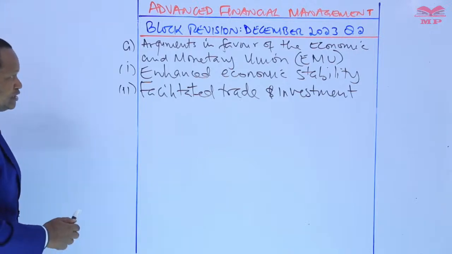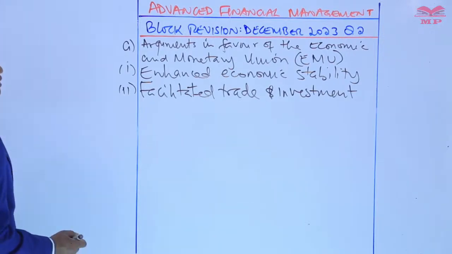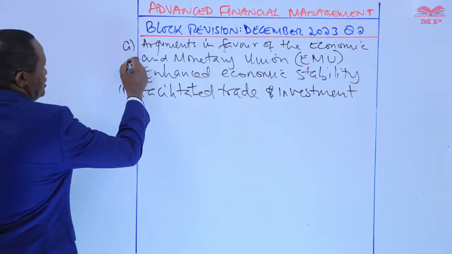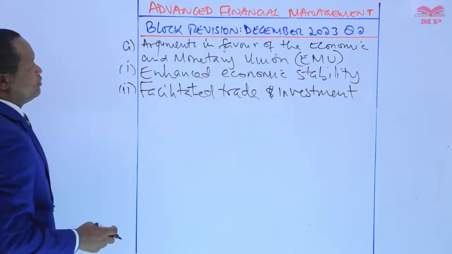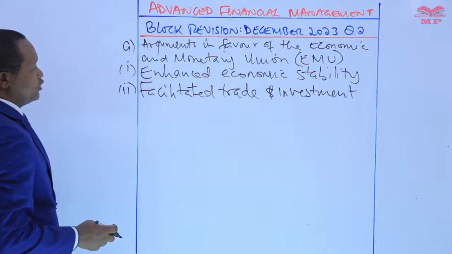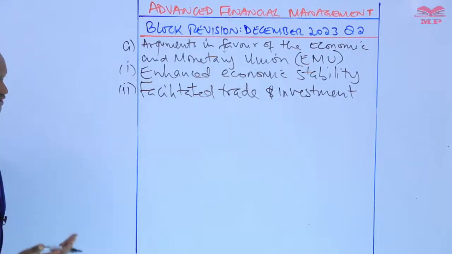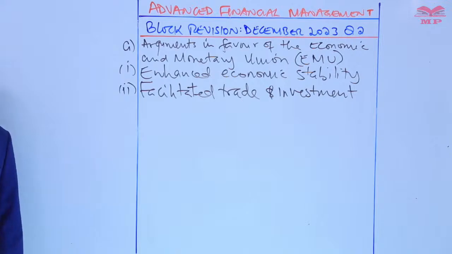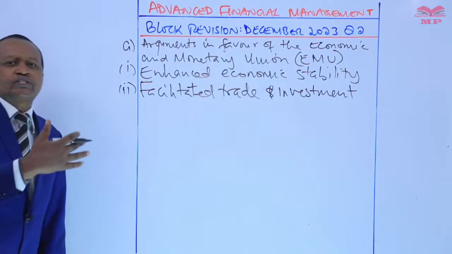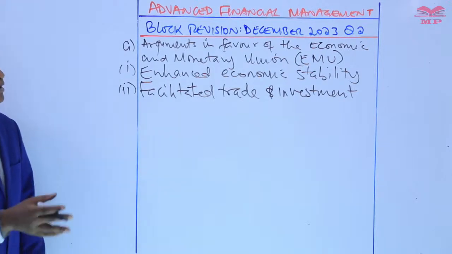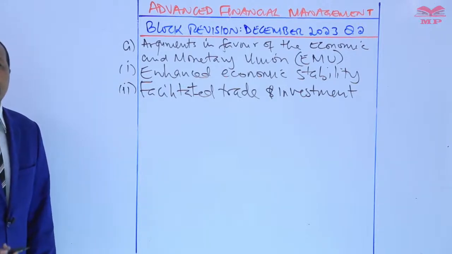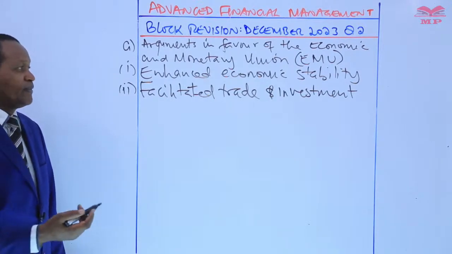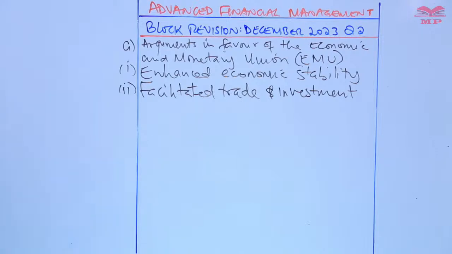So that is the second reason or argument in favor of the economic and monetary union. Facilitates trade and investment. So investment flows easily among the member states because of the removal of the burdens associated with the exchange rate.